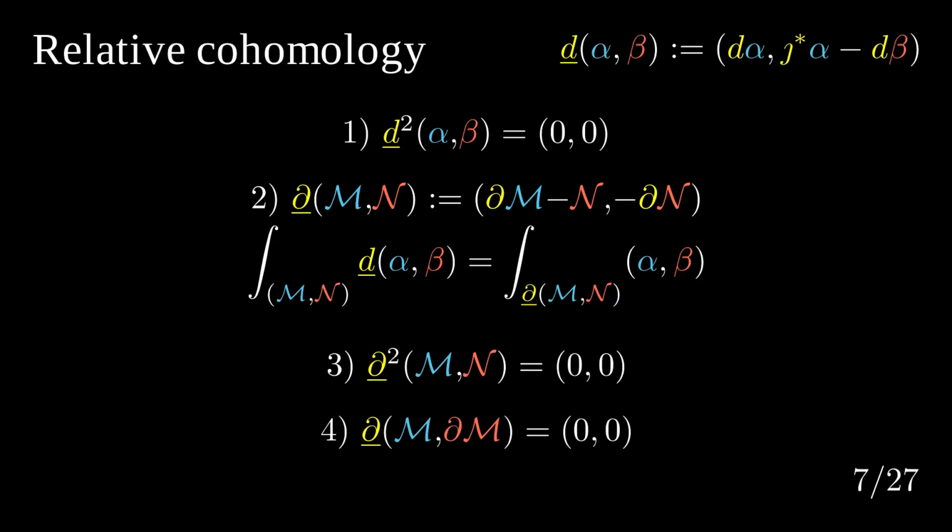But in this case, the relative boundary of a manifold with its boundary is 0. So, in this sense, a manifold with its own boundary behaves as if it doesn't have a relative boundary. Fifth, I will make a new definition, which is the contraction over pairs of forms, which is just given by this expression.